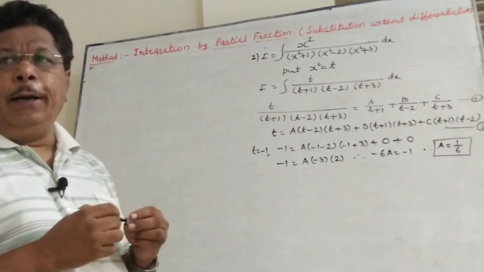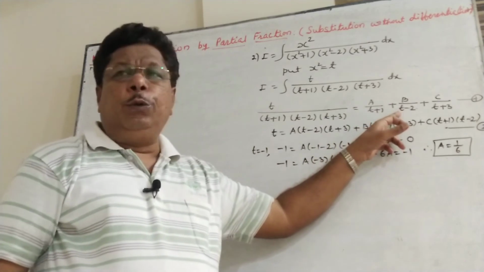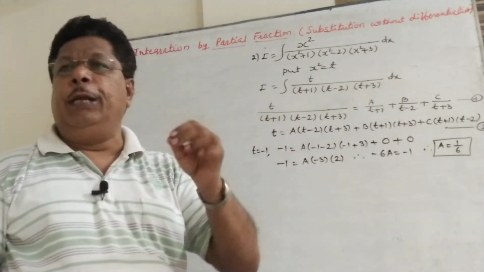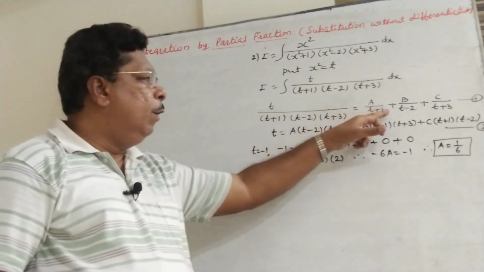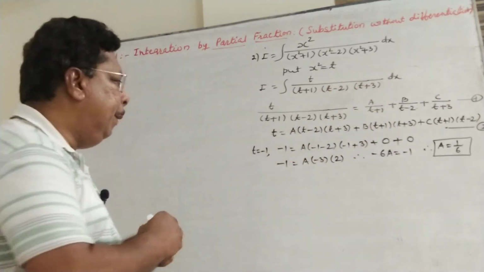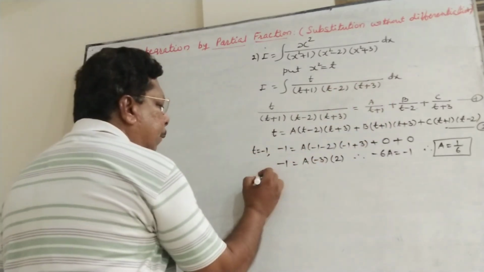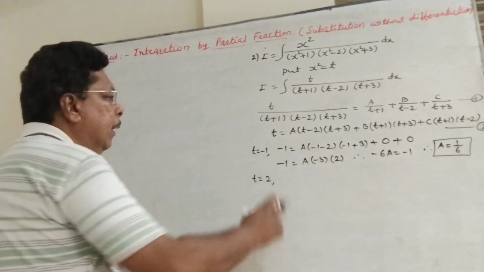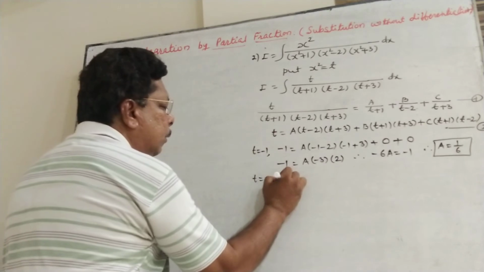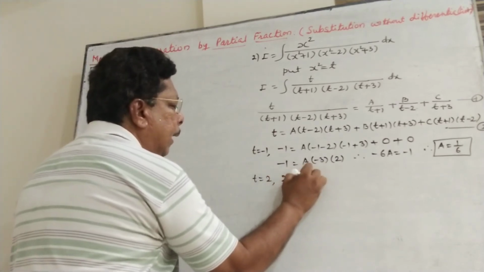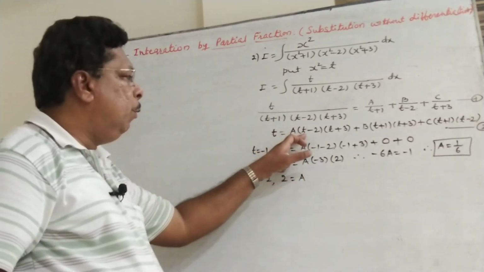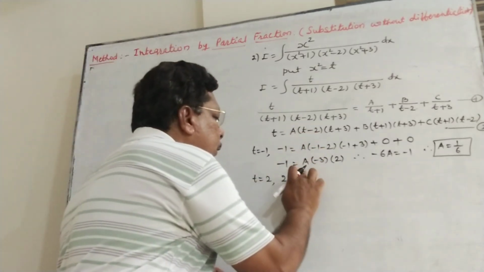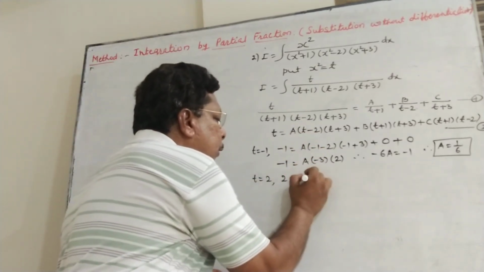In the similar manner, put t minus 2 equal to 0. If we take t minus 2 equal to 0, it means t equal to 2. Put t equal to 2, you will get the value of b. Put t equal to 2 in equation 2. Equation 2 becomes 2 is equal to a into, if we take t equal to 2, 2 minus 2 is 0. It means first term is 0, a into 0 is 0.